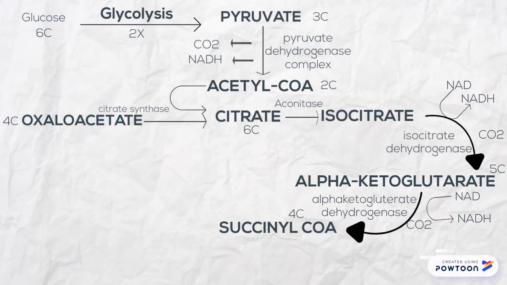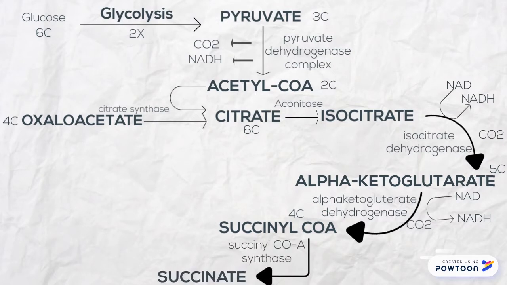In the next step, the succinyl-CoA is converted into succinate by the enzyme succinyl-CoA synthase. In this reaction, a molecule of GTP is generated. Next, succinate is converted into fumarate by the enzyme succinate dehydrogenase.